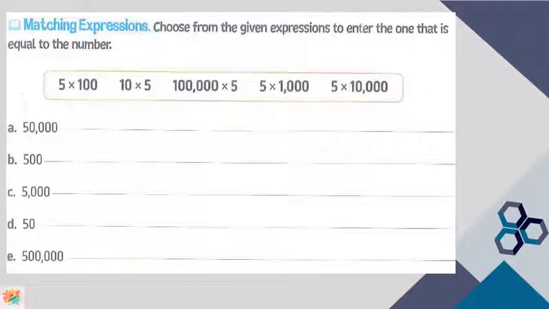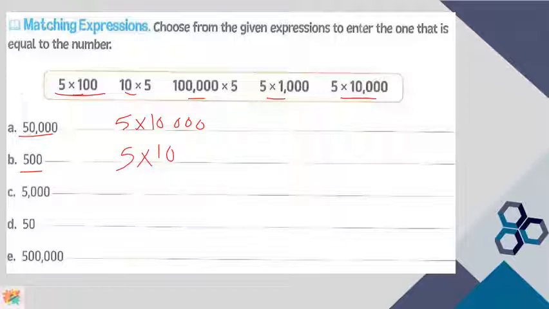The next: choose from the given expressions the one that equals the number. Which of the answers above gives me 50,000? Bravo, it is 5 times 10,000. So this is the first. The next, 500. It's 5 times 100.